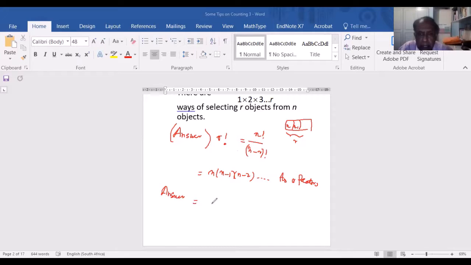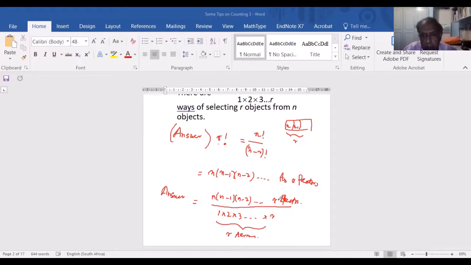So you have to divide n times n minus 1 times n minus 2, all the way, stopping at r factors. The moment you have r numbers there, you stop. And at the bottom, you've got r factorial. You're going to divide by r factorial. So at the bottom, you've got 1 times 2 times 3. This also has r terms in it. So this gives you a very nice way of handling this.